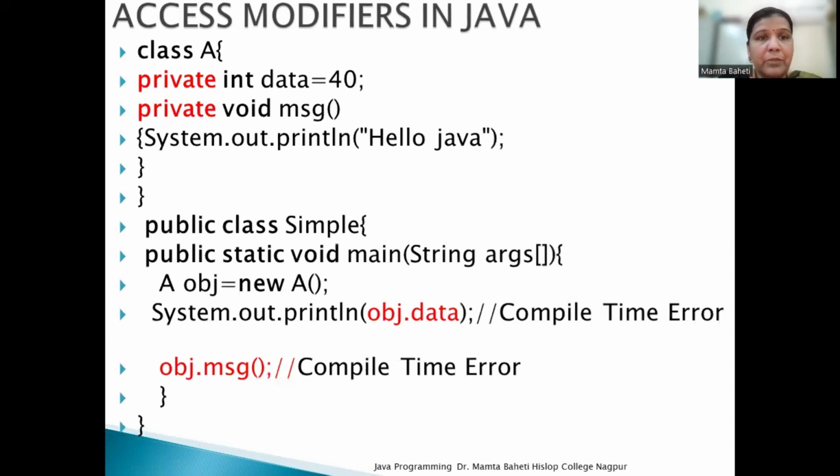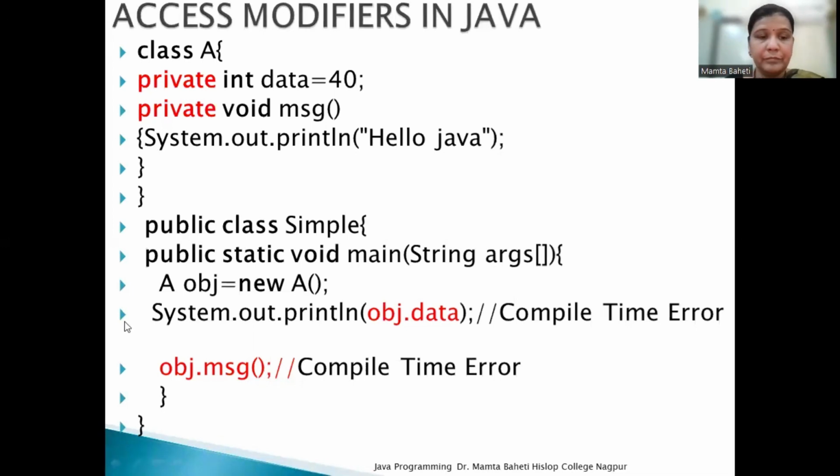For example, you can see in class A, we have declared a method MSG and a data member data as private. If I try to access data or that method outside the scope of that class, after creating the object, I'll get a compile time error.